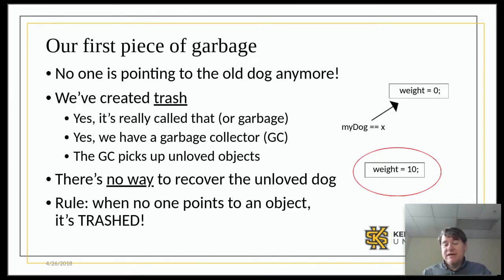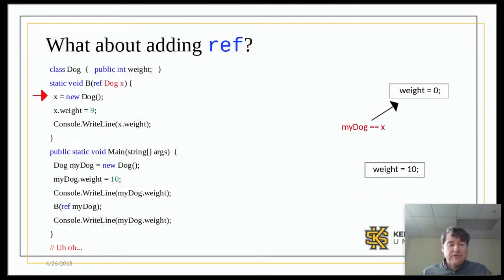And even if this hadn't happened during passing parameters, it would be true. If I had said in my main code, and I'm just going to go back to the code on the previous slide, so even before I called this method B, if I had said dog my dog equals new dog, and then immediately after that said my dog equals new dog again, the first dog is gone because I've updated what my dog is pointing to.